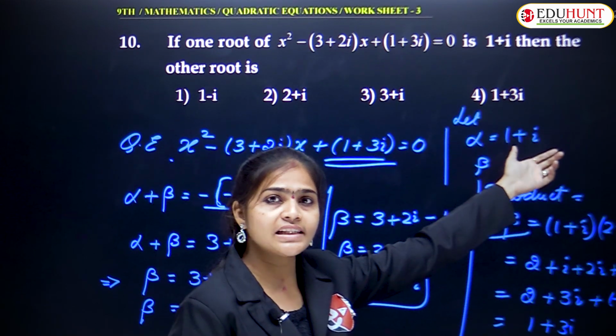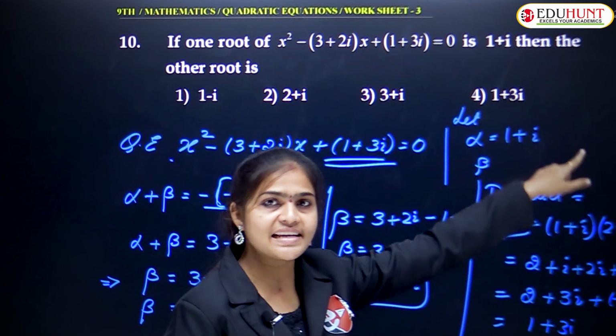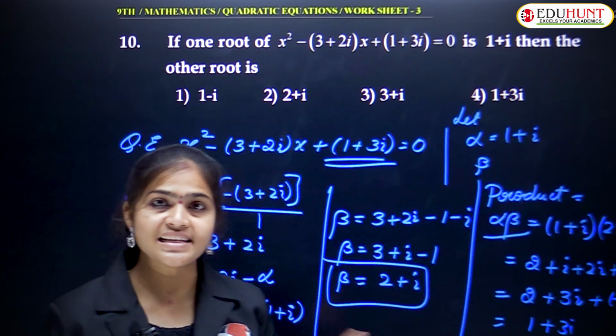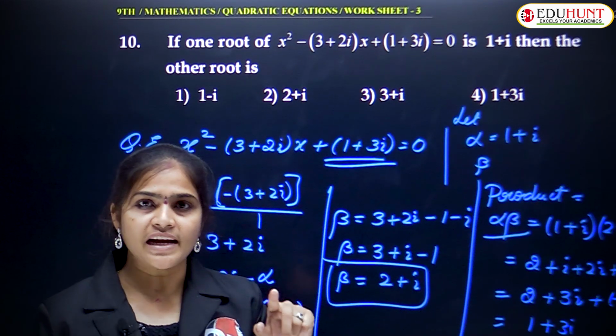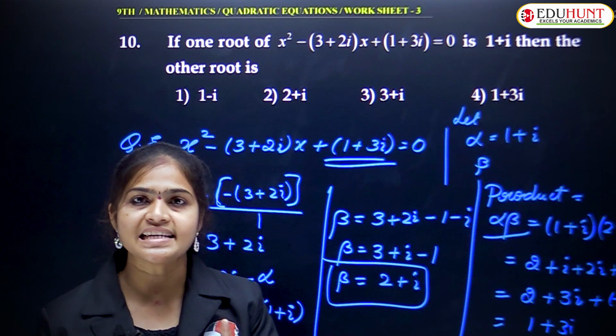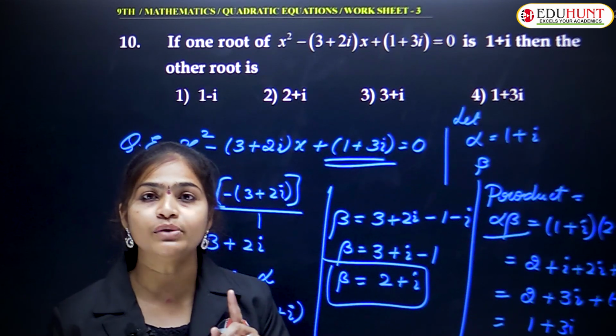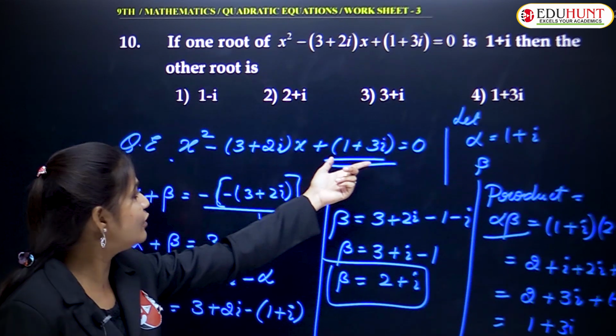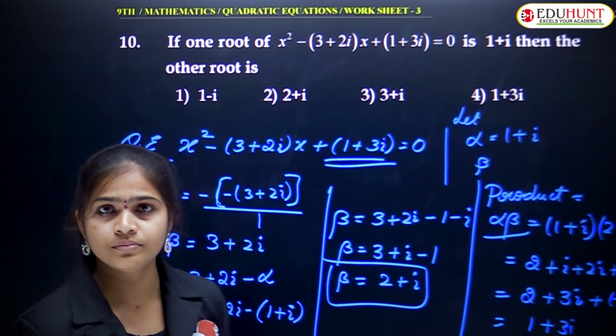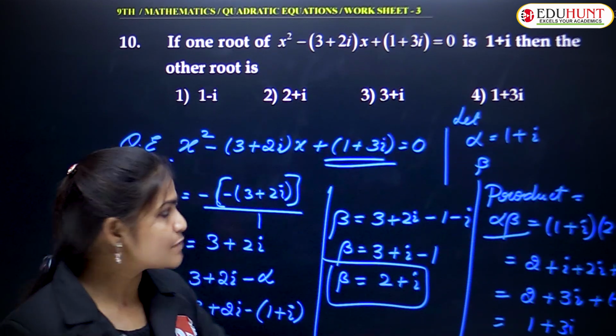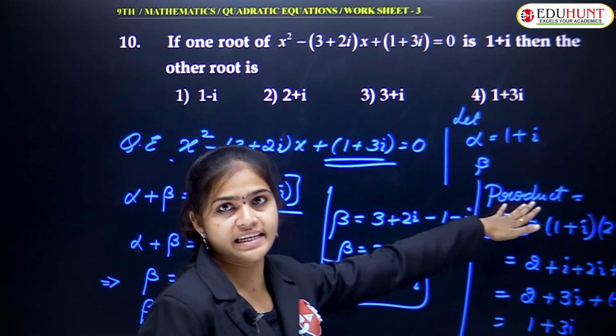Okay, so what will you get? 1 square minus i square. So 1 square minus i square means again minus 1, so minus of minus is plus. So 1 plus 1 you will get as 2. But here they didn't mention that value as 2. Understand? So that's why here we should not go for the conjugate.